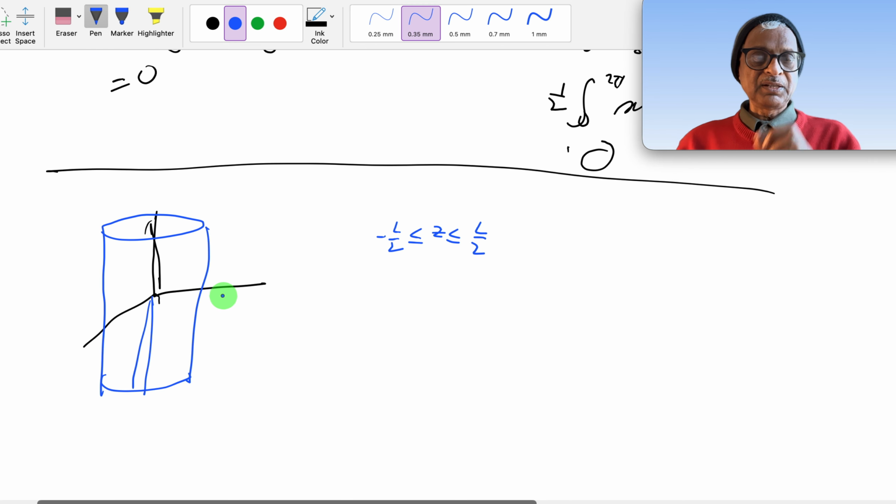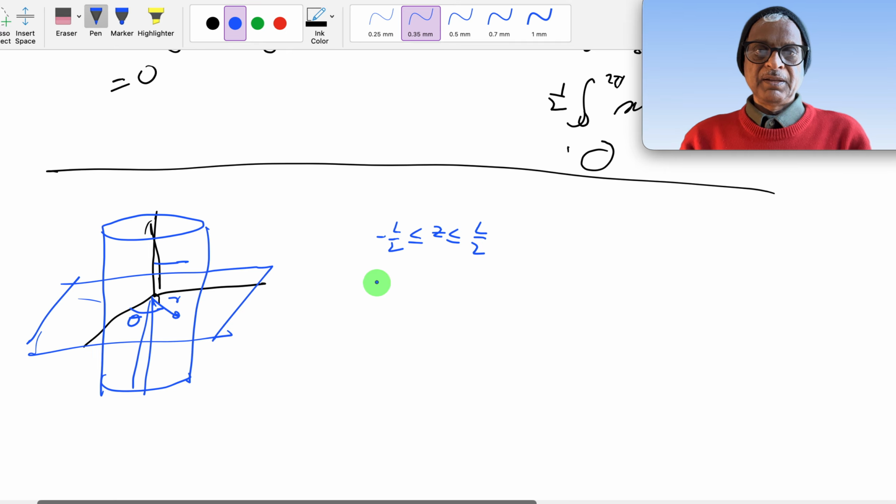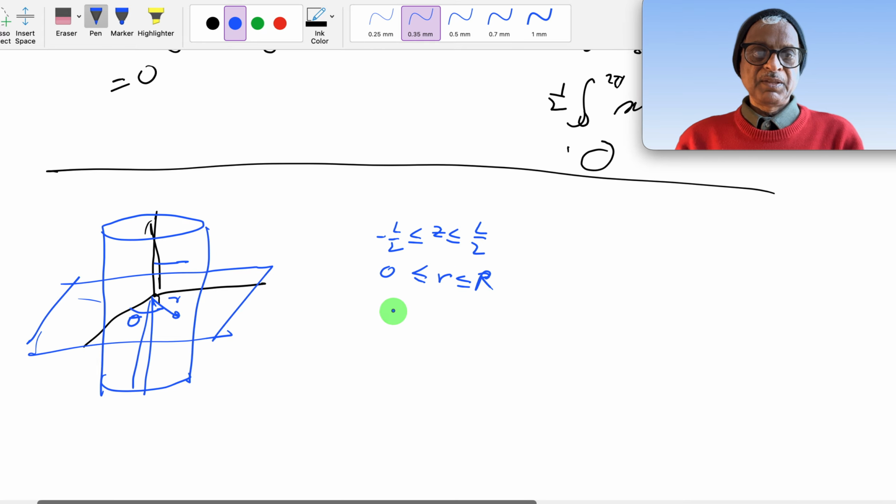It's always good to write down what you expect. The r will be in the XY plane. In the XY plane, the distance from here will be r, and this angle will be theta, and r will go from 0 to capital R, and theta will go from 0 to 2 pi.